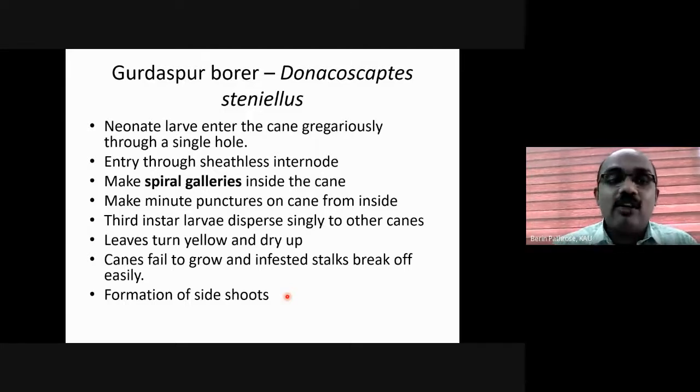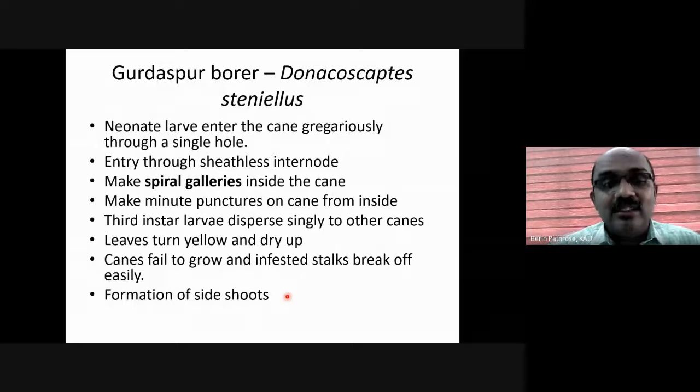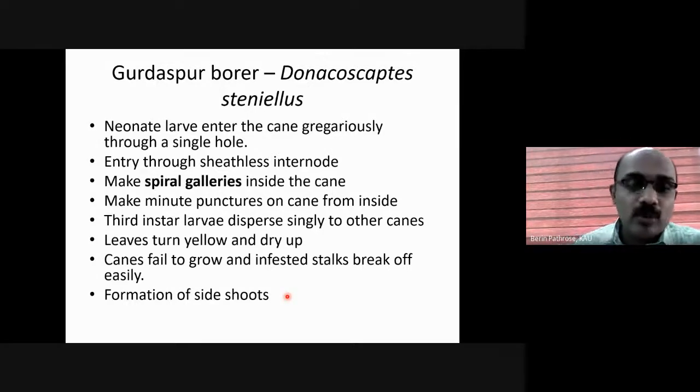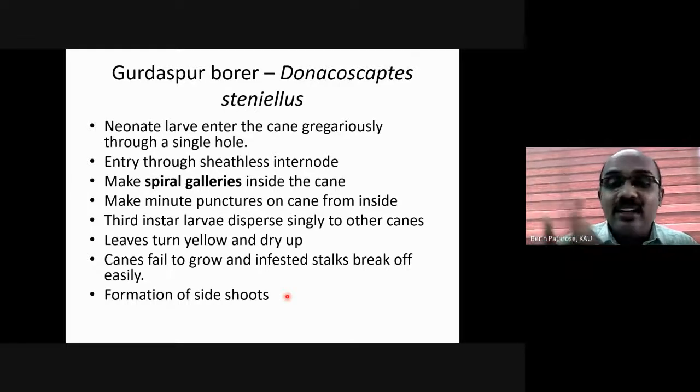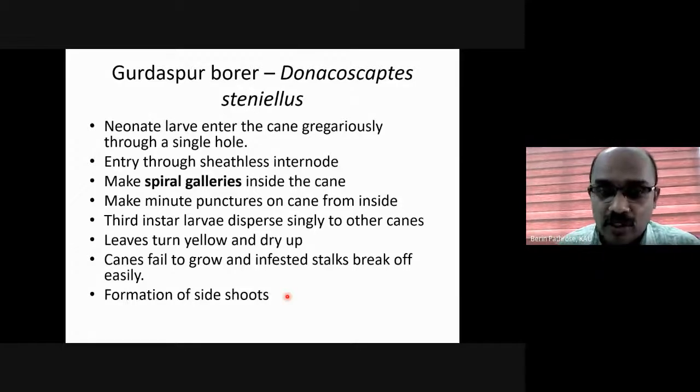Similarly, the larvae also migrate to other canes. Because of the attack of Gurdaspur borer, leaves turn yellow and dry up, the gallery it makes in the cane breaks easily, the cane fails to grow, and it will lead to the formation of side shoot.